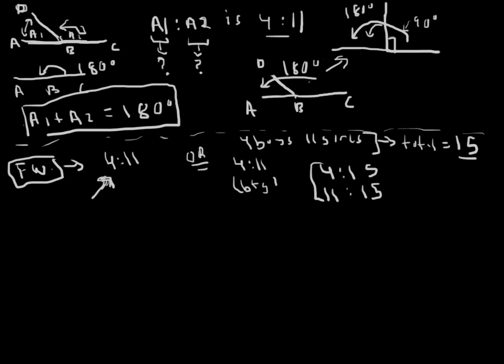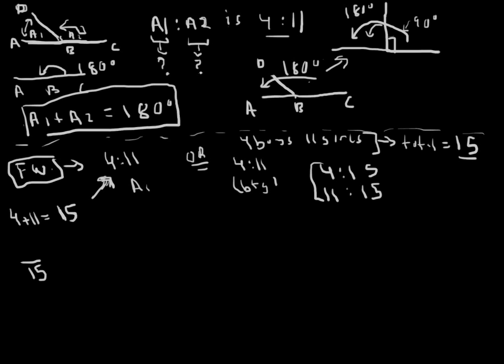So what is the ratio of A1 to the total angle, which we know is 180 degrees? Well, like before, we need the total, which is 15. So the denominator of the fraction is going to be 15.